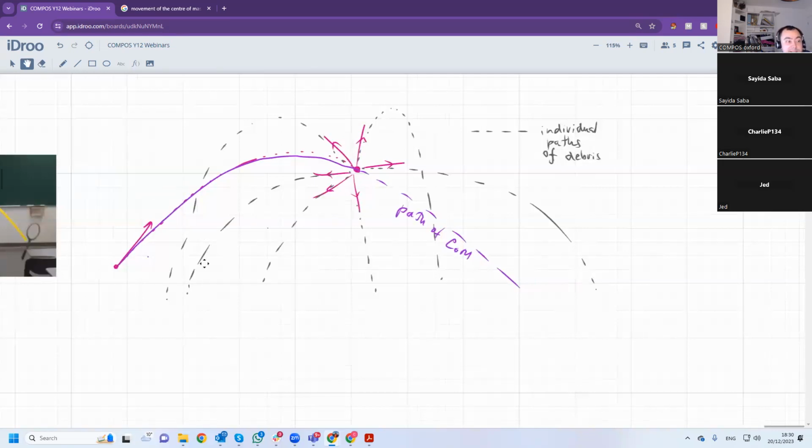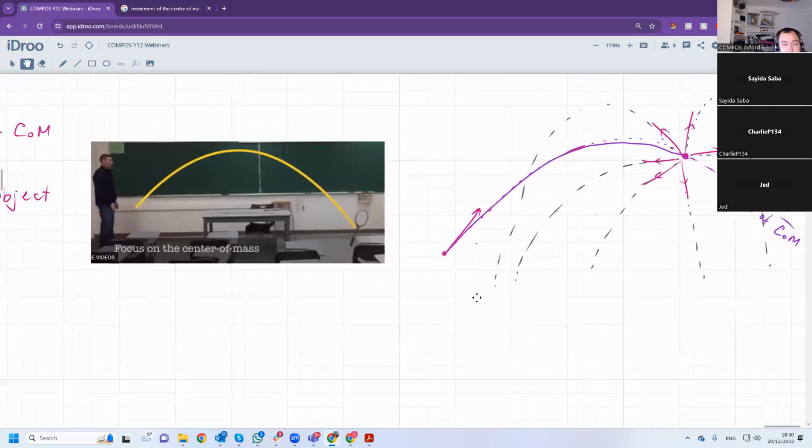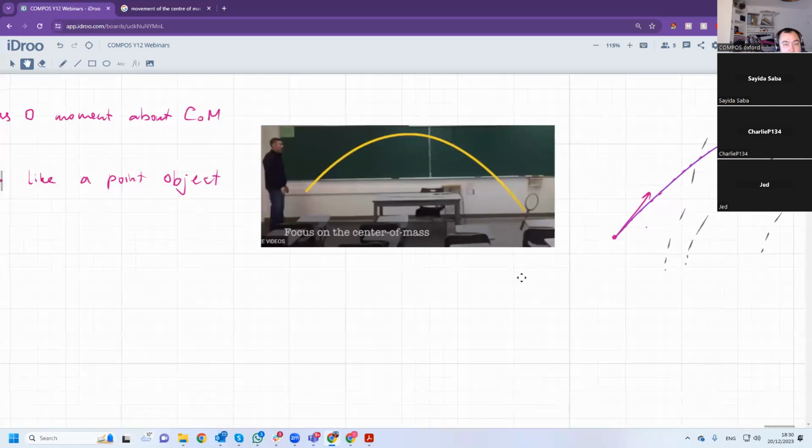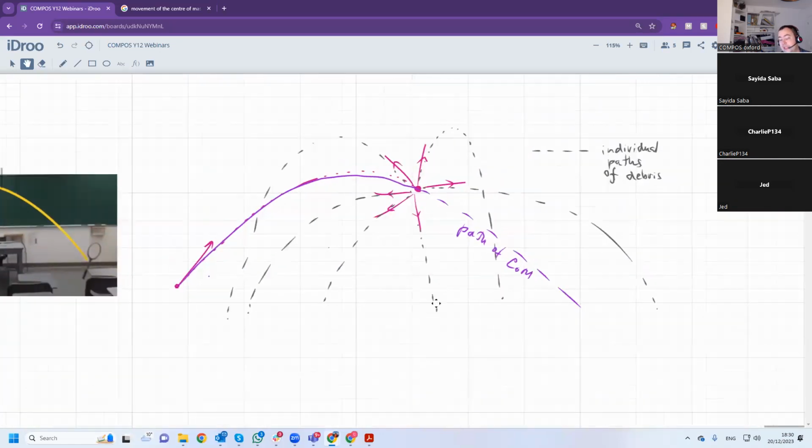The center of mass follows the original path. And this allows you, so let's say there were only two objects, and there's a problem in the assignment where you have some sort of firework which explodes into two pieces. If you know where one of them lands, you know exactly where the other one should land.